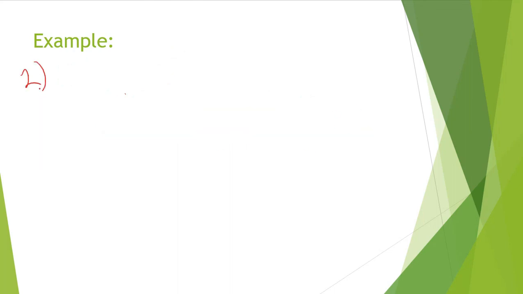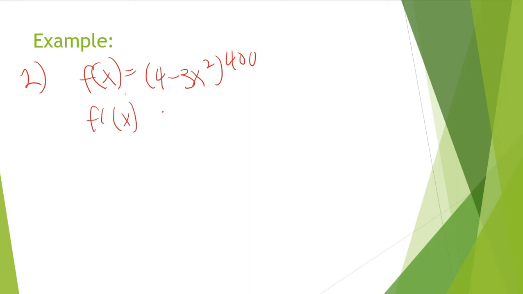Okay, example number 2. Let's say we have f of x is equals to quantity 4 minus 3x squared raised to 400. Okay, sabi nga natin, to get its derivative using chain rule is the first function. The derivative of the first function times the derivative of the nested function or the second function.